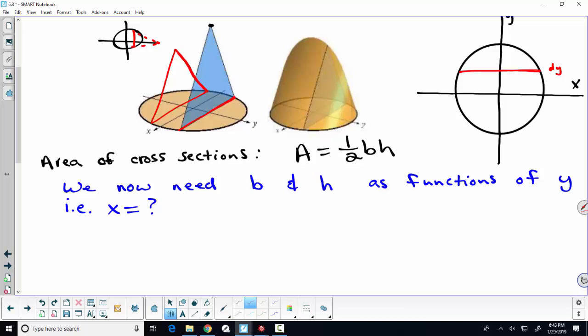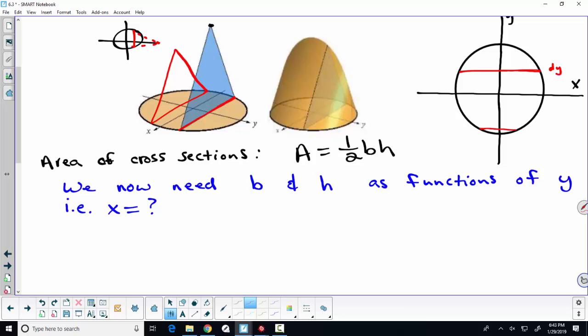So that length in red is the length of the base. Of course, the length of each base of the triangles varies. If I'm here, it's a different length than it is here. So as we go from the bottom to the top of the circle, the lengths of each triangle are varying. So we have to use the circle to describe that as an equation or as a function.